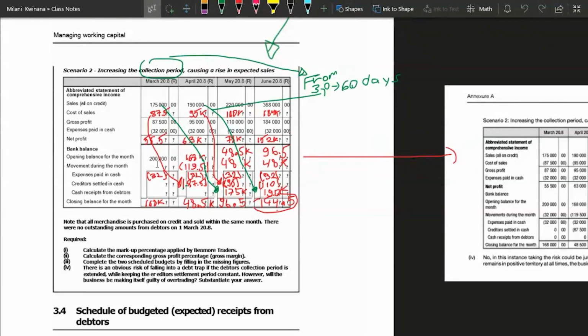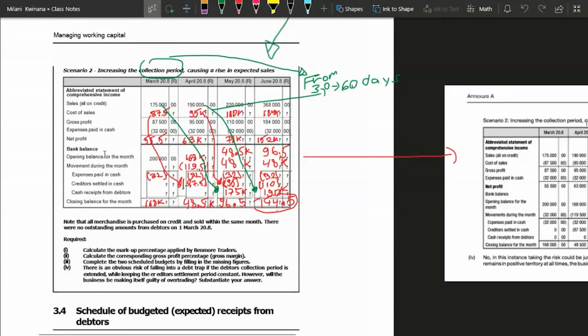Okay, so we are totaling 100%. You got it right, and that's exactly how you understand. Look even at the way it is written. Look at my mouse. You can see there that the expenses paid in cash are a little bit indented, meaning that expenses, creditors settled in cash and cash receipts, the sum of all of this is the movement during the month.